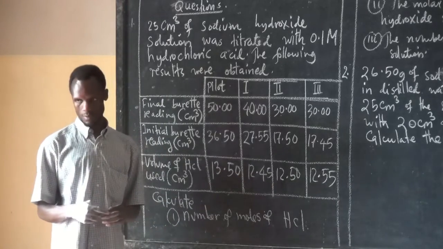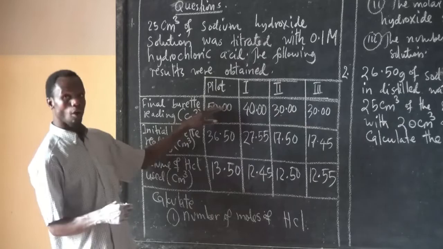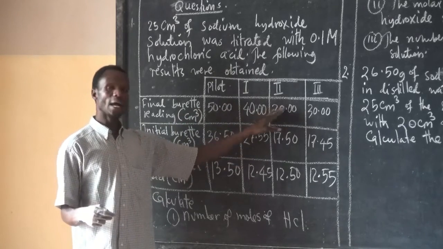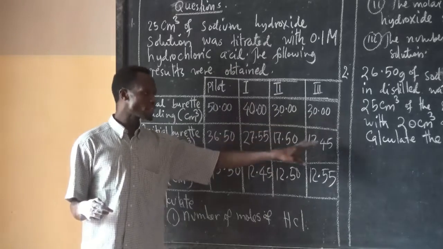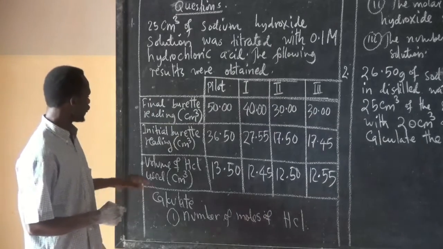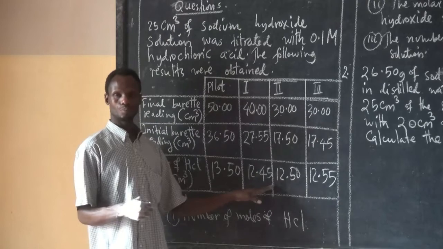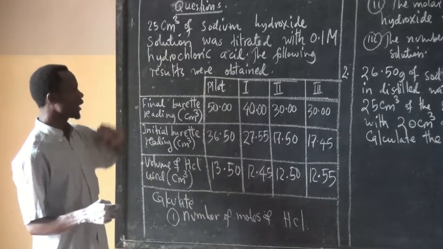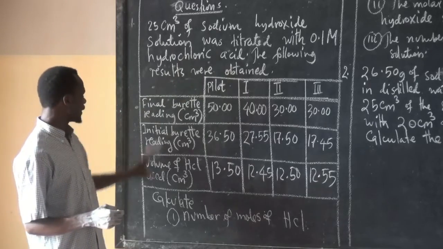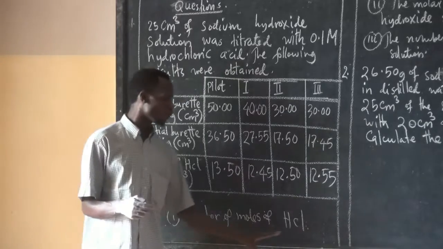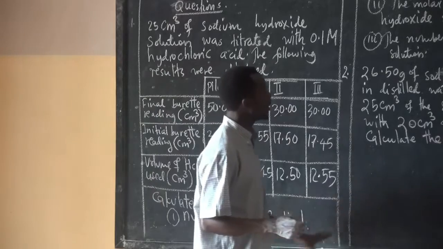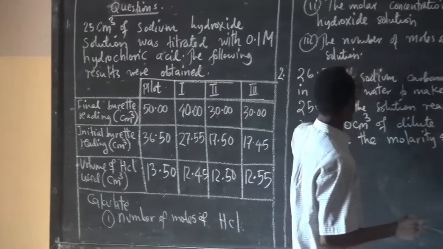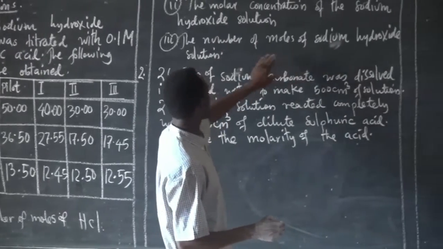Now you need to fill it up by taking final minus initial, final minus initial, final minus initial, and then you fill up the table. Now from this table and the data from the question, you can determine the number of moles of hydrochloric acid, the molar concentration of the sodium hydroxide solution, and the number of moles of sodium hydroxide.